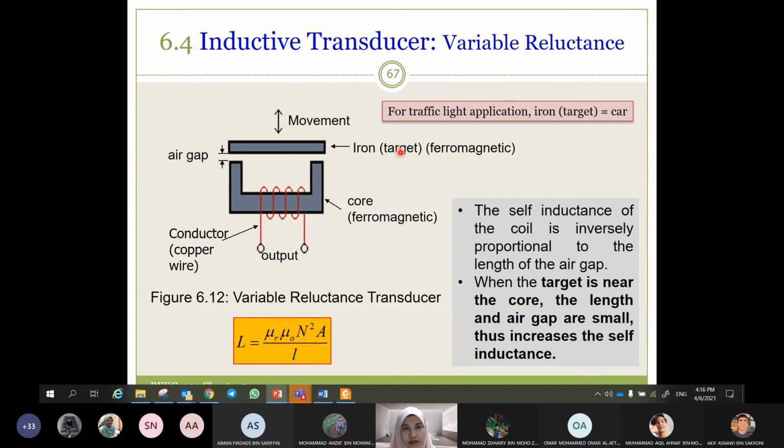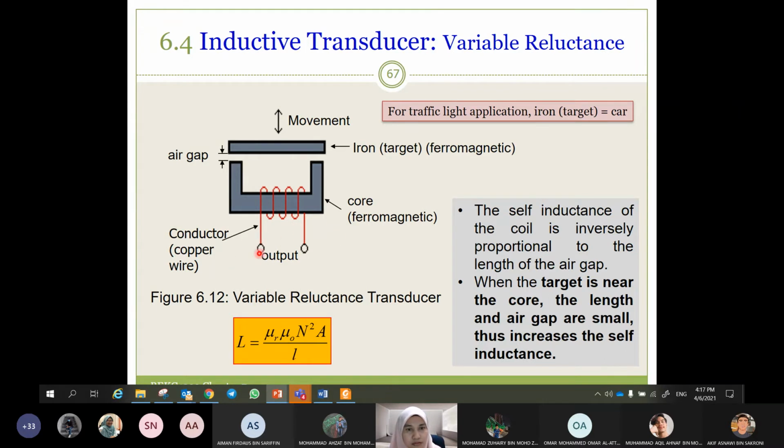When the iron or the target is far from the core, the air gap will be higher. So the L will be lower, because it is inversely proportional to the L.